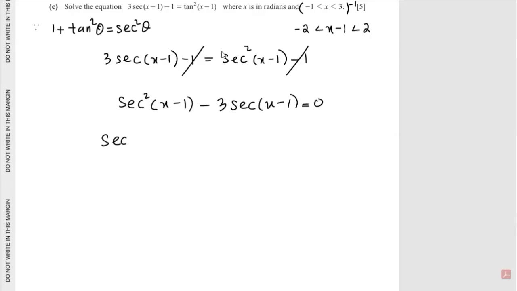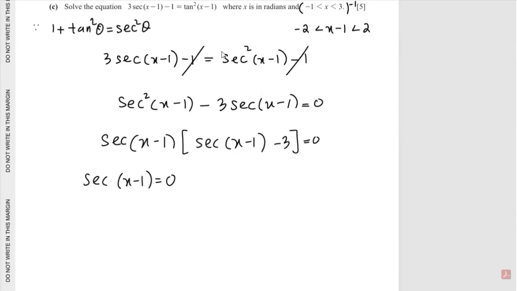I can just factor out the secant x minus 1, and this is going to be secant x minus 1 and a minus 3. When secant x minus 1 is 0, this is not applicable since cos is going to be undefined, right? Since it's a reciprocal, 1 divided by 0. So cos is going to be undefined when secant is 0.